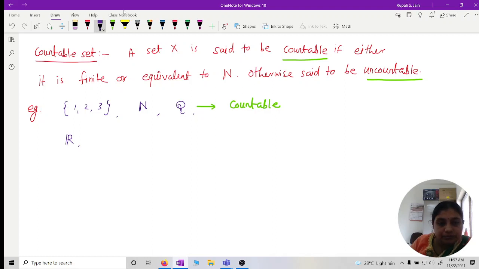Then any other example? Complex numbers. Irrational numbers, whether countable or uncountable.